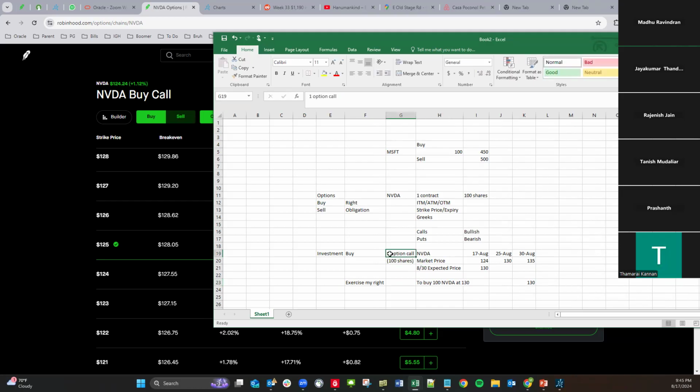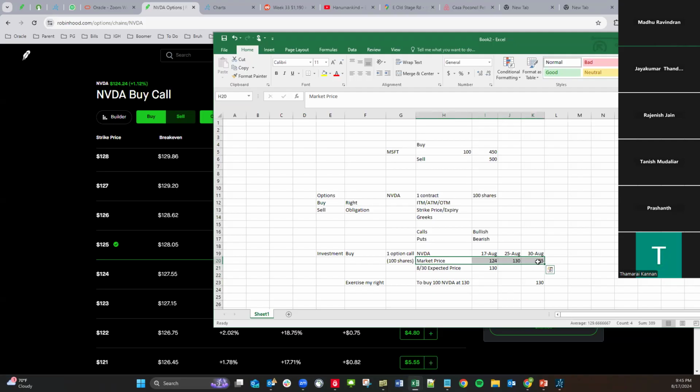Again, you can multiply, right? So you say you bought two option calls, then you can buy 200 shares. So which means I can buy 100 NVIDIA at 130, which means I get this advantage of $5 lesser for NVIDIA stock compared to the market price, provided the market price actually went high, right?